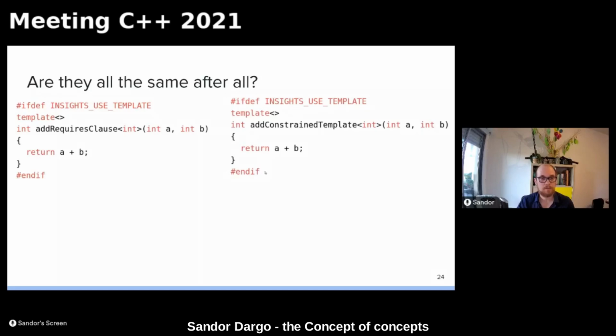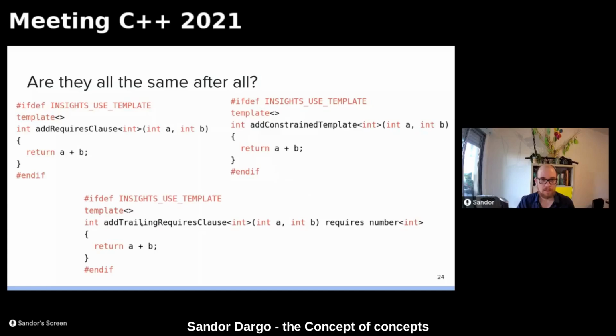It compiles to the same code. And when you use the trailing requires clause, it's almost the same. For some reason, we saw the trailing requires clause even after running CPP Insights, but this doesn't make any difference to the code. There is one expected difference, though.